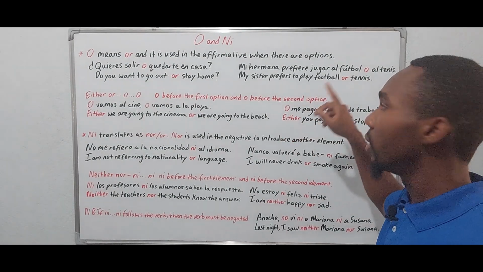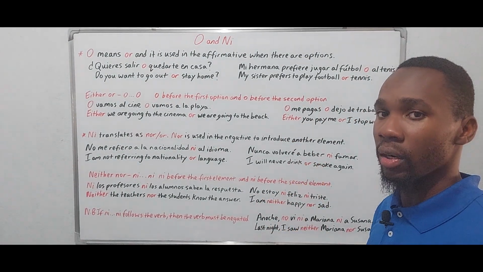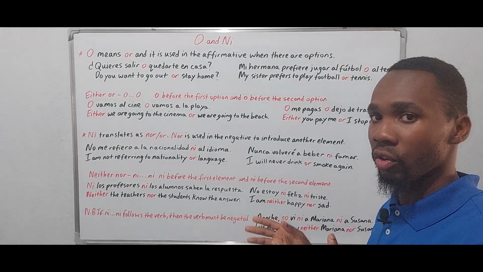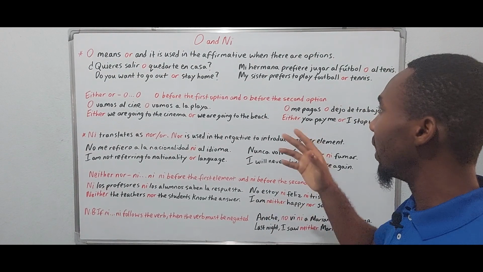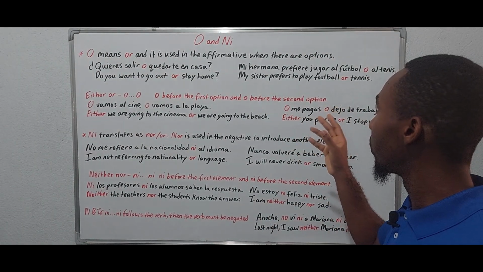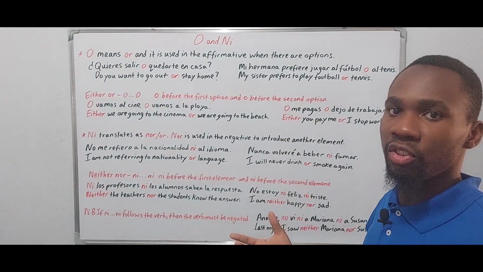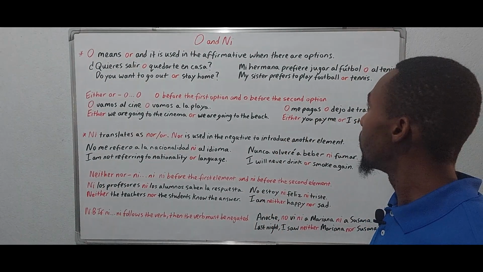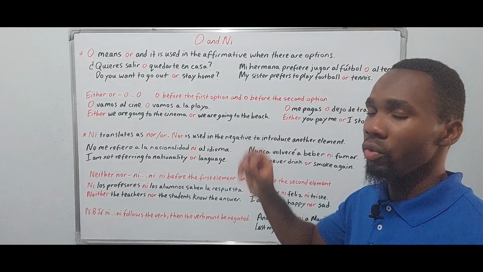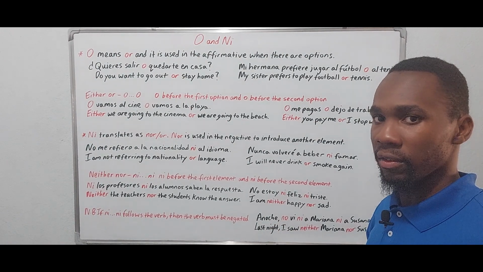Al fútbol, al tenis, and both of those sports are masculine. So we use los dos to replace them, both of them, right? So mi hermana prefiere jugar los dos. That's a potential response, right? So as you see, we use o when we want to talk about alternatives, right?